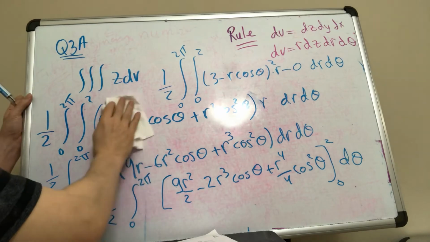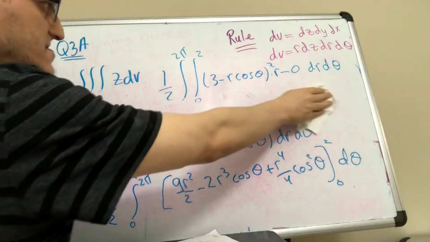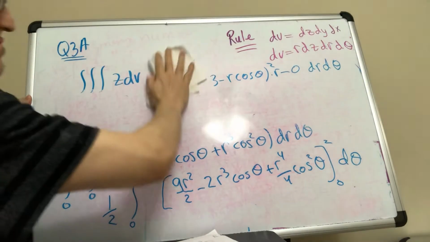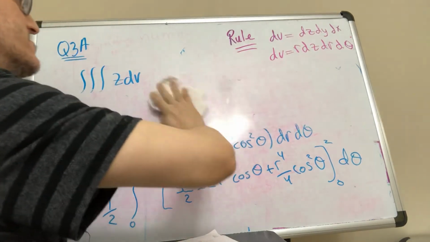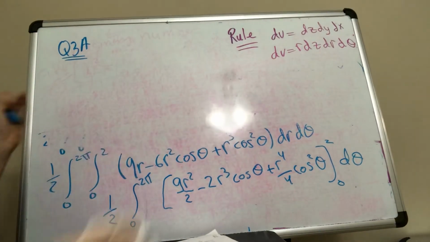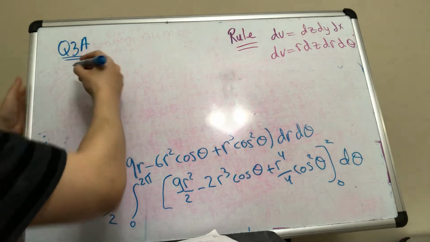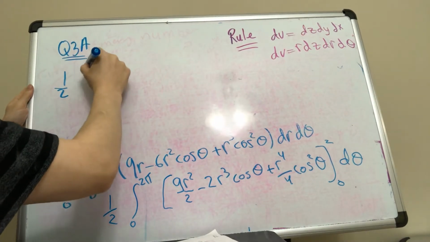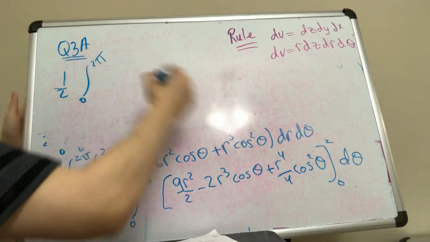I'm going to erase this one here. So there's half outside, 0 to pi.